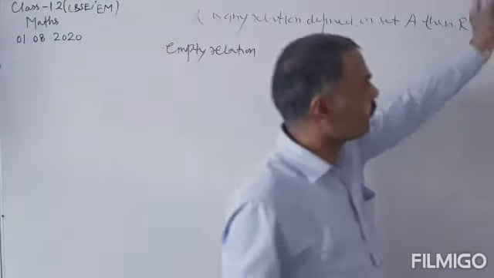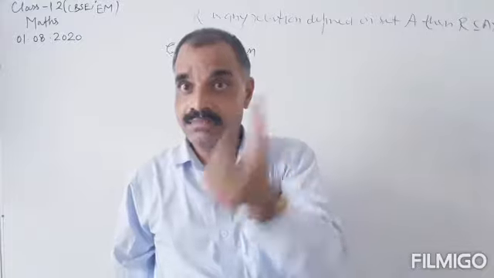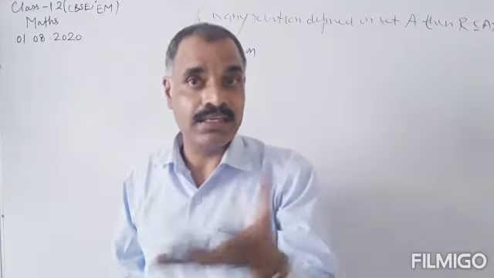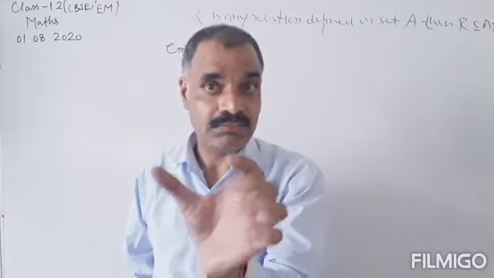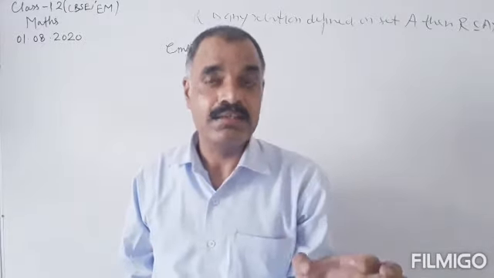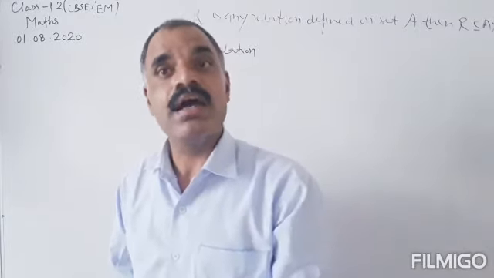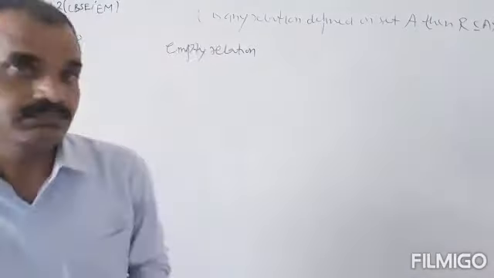R is a subset of A cross A, and there is a subset which does not contain any element. That is the empty subset, and that empty subset is the empty relation.